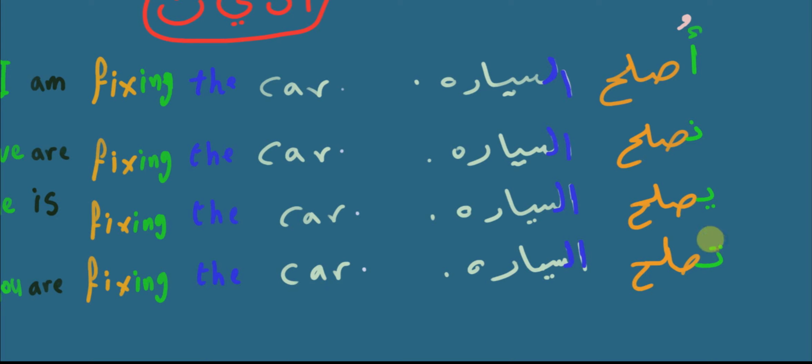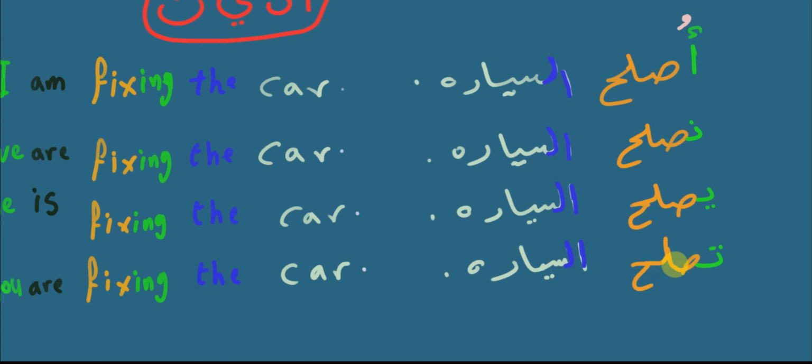Here again I will remind you that this word here goes for both. You can say she is fixing the car. You add the هي. هي is the pronoun for she. So هي تصلح السيارة. Or the way it's usually said, تصلح, you mention the name.